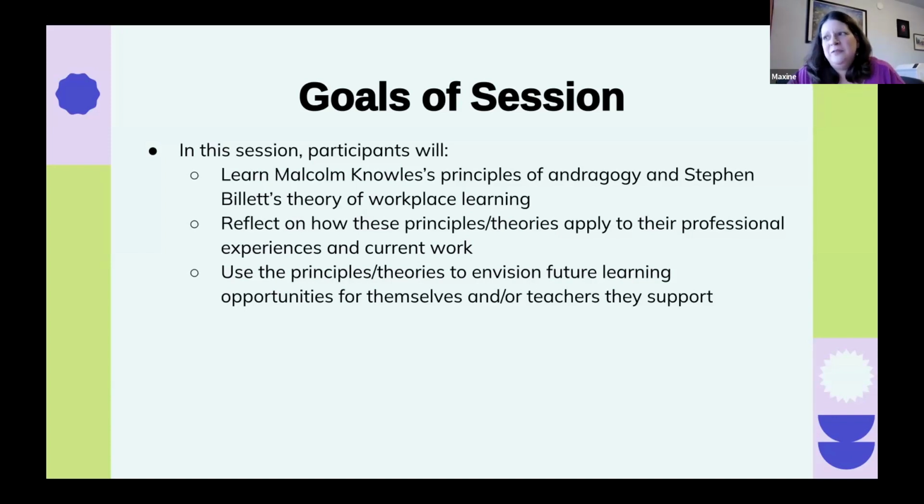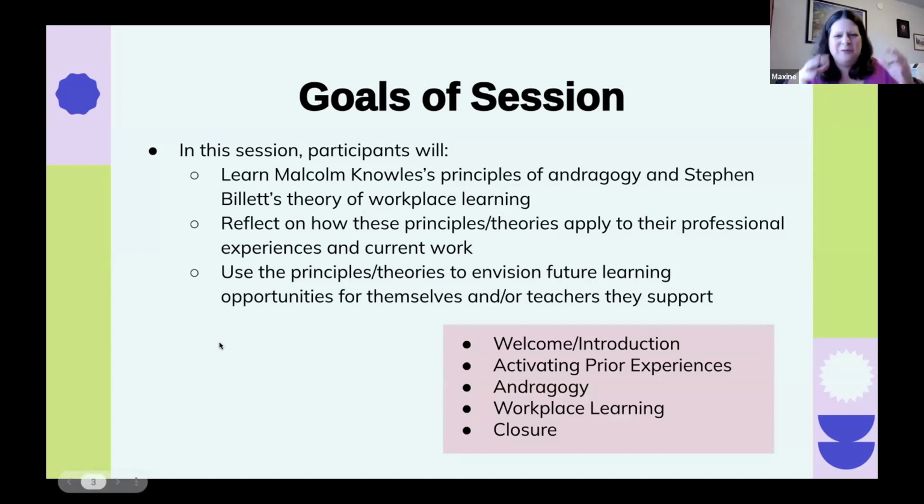You'll have a chance to reflect on how these principles connect to your work, both past and present, and use these theories to help envision any learning opportunities that might be coming up for yourself or for teachers that you work with. So that's our plan. We'll do a little activating prior knowledge. We'll talk about andragogy.